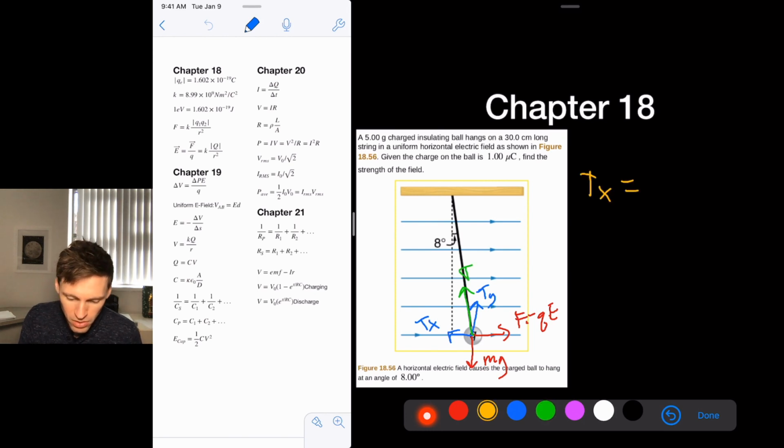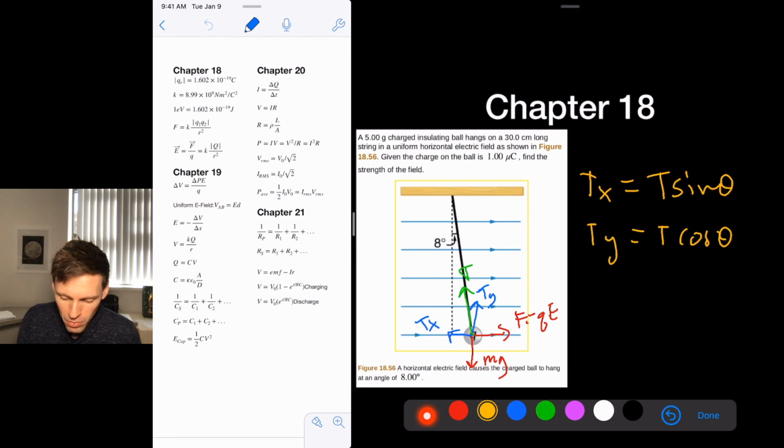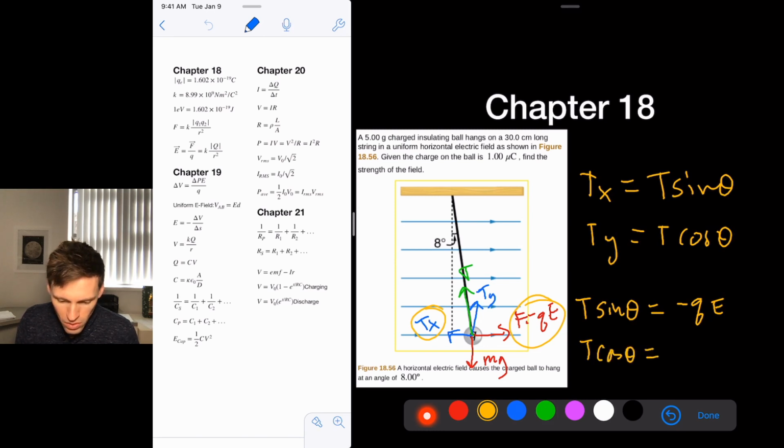The string is 30 centimeters long, so we want the opposite side over the hypotenuse, so that's the sine. So Tx is equal to T sine theta, and Ty is T cosine theta. T sine theta, the x component of the tension, is equal in magnitude to the electric force QE, and the y component of the tension, T cosine theta, is equal to mg, the force of gravity on this thing.